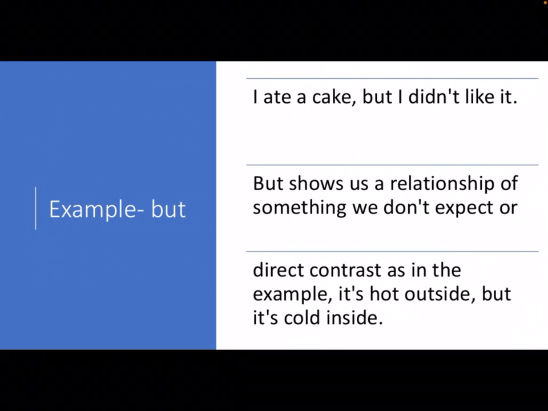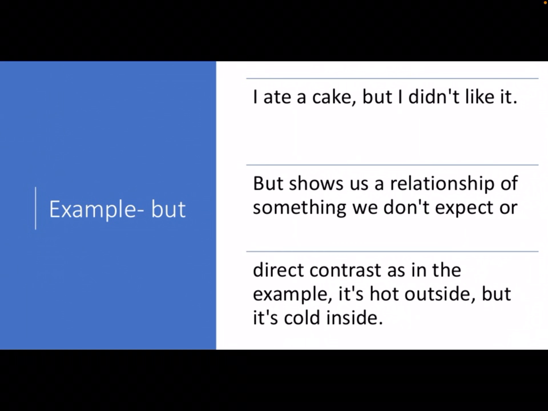But shows us a relationship of something we don't expect. When we use but, يعني عم ببين لنا علاقة عن إشي إحنا ما توقعنا. Or but directs contrast, as in the example: it's hot outside but it's cold inside. هون كمان we can use but to contrast. نقارن إشيان. برا حر بس جوا برد.